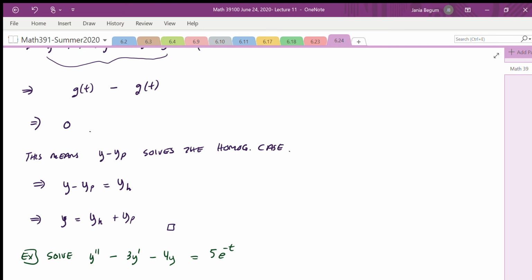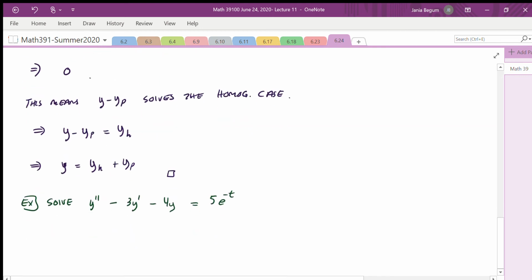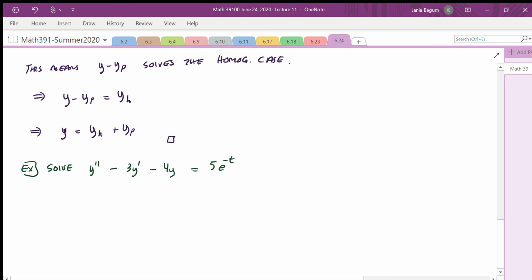And the next method we're going to study is also long, so make sure you practice. Let's see how we can construct the solution to this non-homogeneous case. The first thing is to compute the solution to the homogeneous, right? So the corresponding homogeneous equation to this, so let me write down step 1.